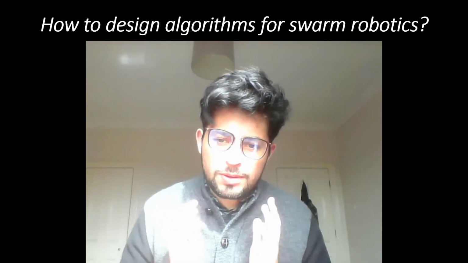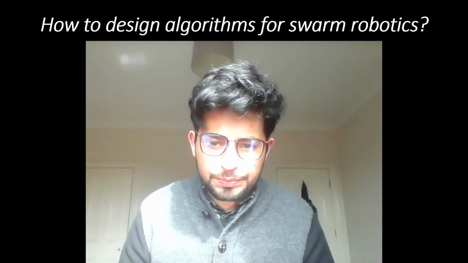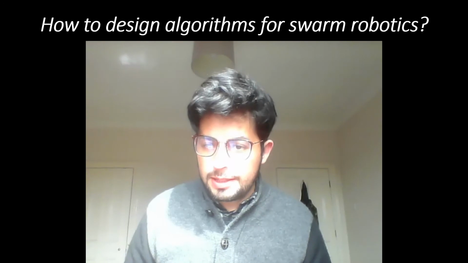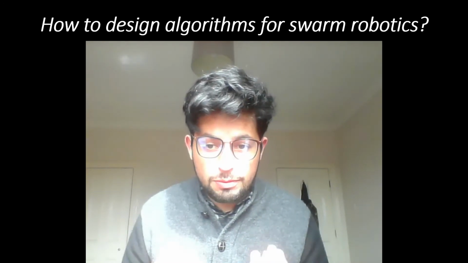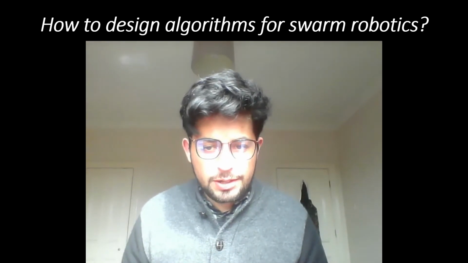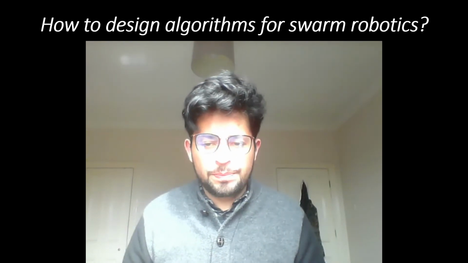Because if you go directly to the code, then you will have a messy code and you might forget key elements of the behaviors that you want in your robots. So it's important to draw these diagrams before going into coding.